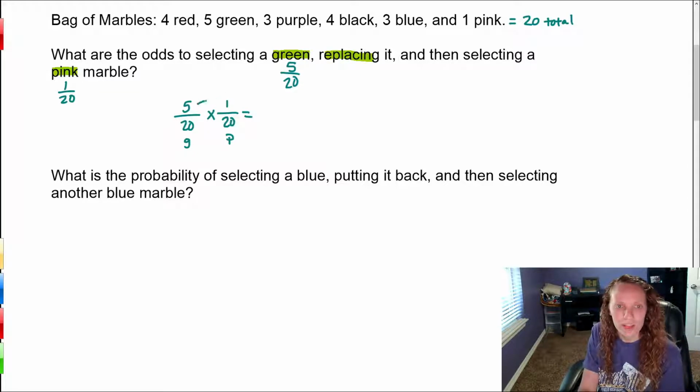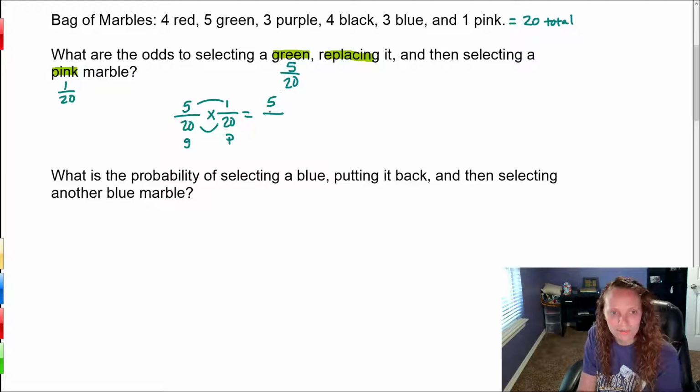So let's multiply straight across. 5 times 1 is 5. 20 times 20 is 400. And then I think we can simplify here.